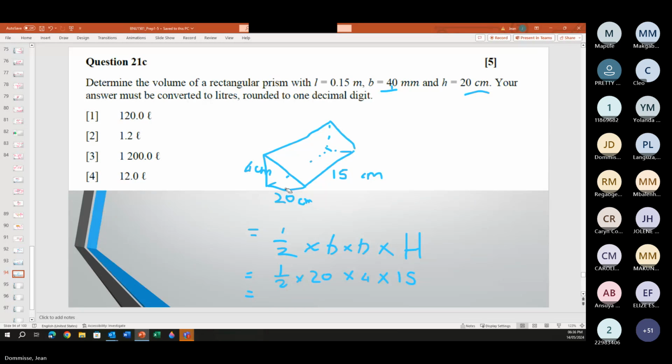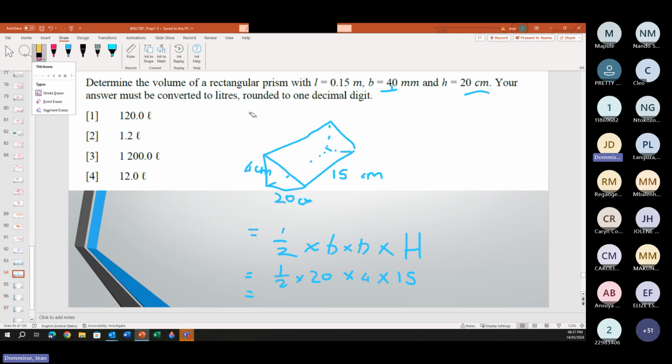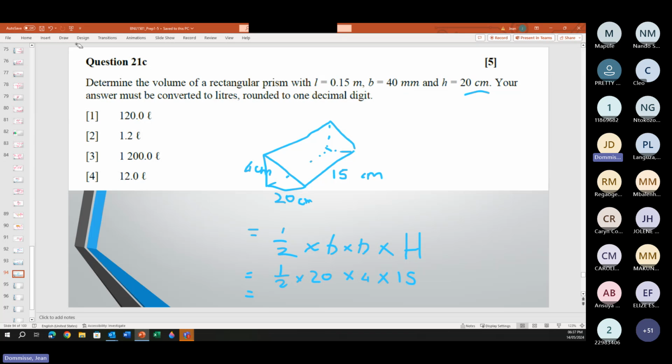Base times height. Before, I got from 40 millimeters, so 40 millimeters is 4 centimeters. Let me just determine the volume of a rectangular prism. What is a prism? Is a prism not that, or is a rectangular prism the whole thing?